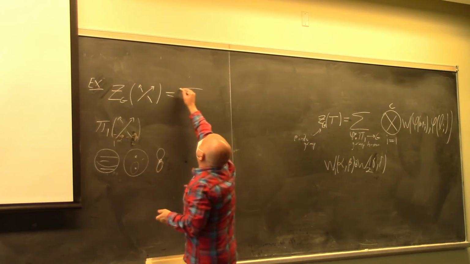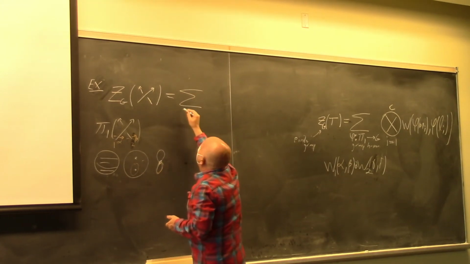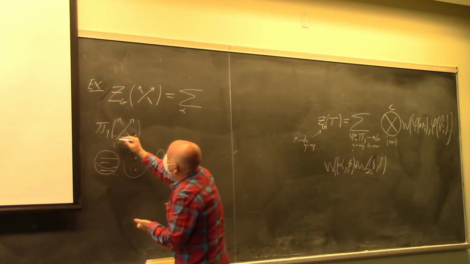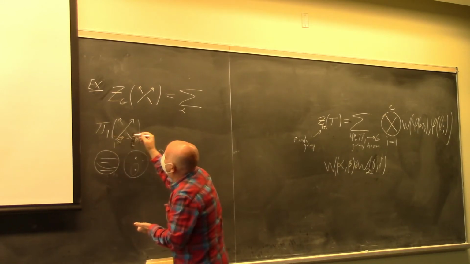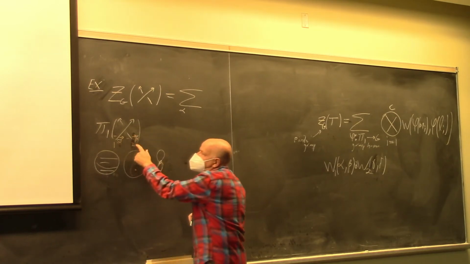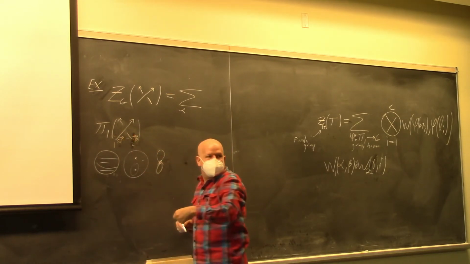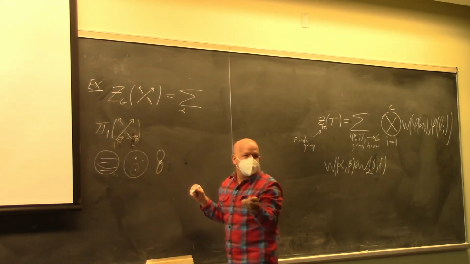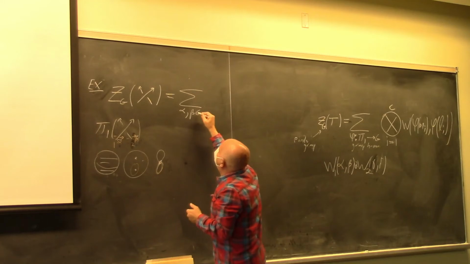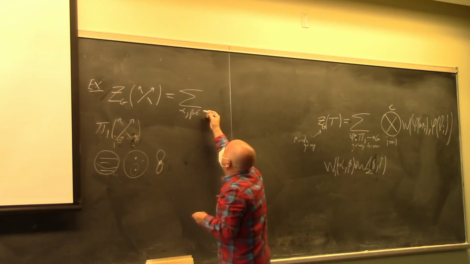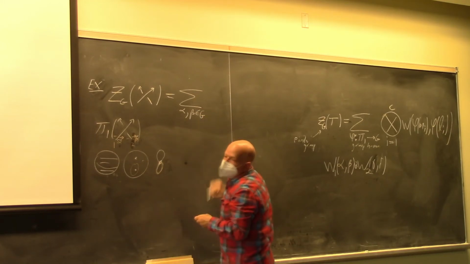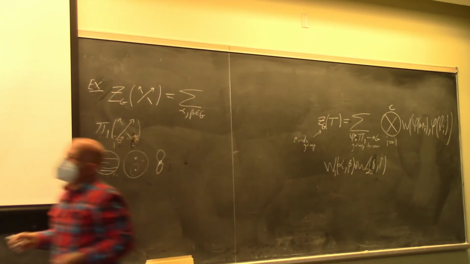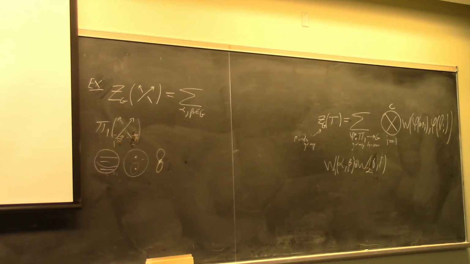So this becomes a summation over, really I should have called this alpha tilde and beta tilde. Alpha tilde and beta tilde are elements of pi 1. But what I'm summing over is their images. So this is a summation over alpha, beta, both in G, because their images are in G. And I may have to remove my mask.